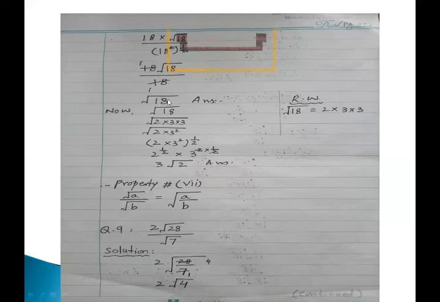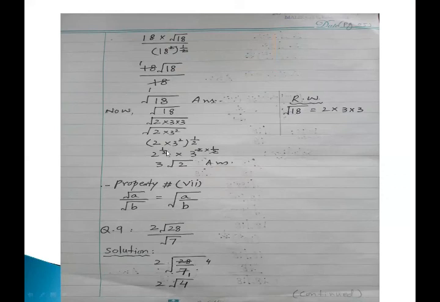What you will have to do is solve it further. You have to take the factors of 18 and write them over here: 2 multiplied by 3 multiplied by 3. 3 threes are 9, so 3 square. You have to write 3 square over here. So this root would be cancelled by 3 square.